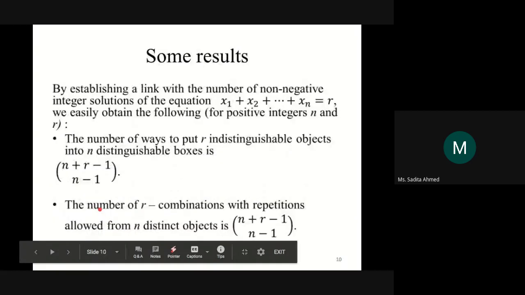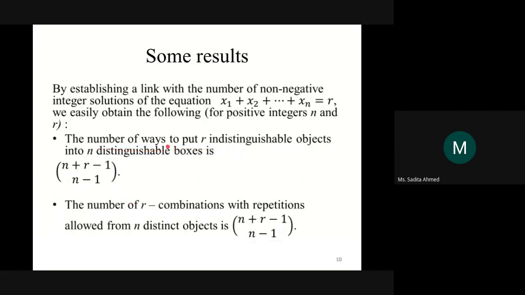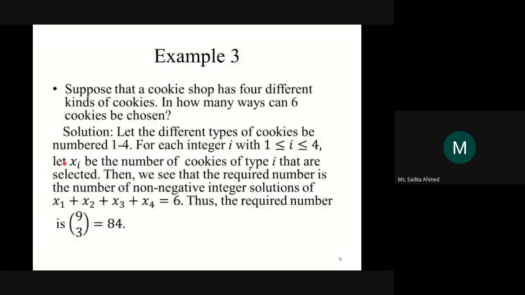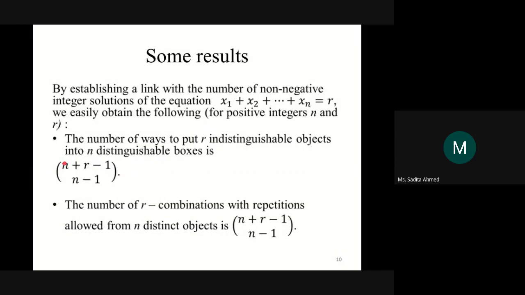So this is the same thing. If you have any problem where you have to count the total number of ways to put r indistinguishable objects into n distinguishable boxes, you can use the same formula because it's the same thing.